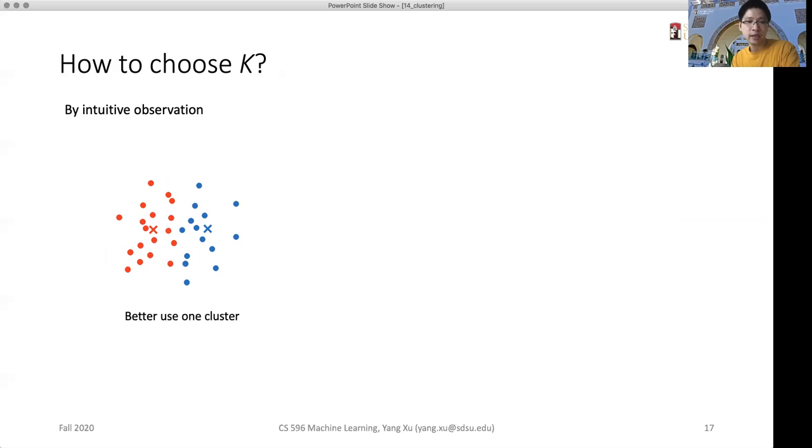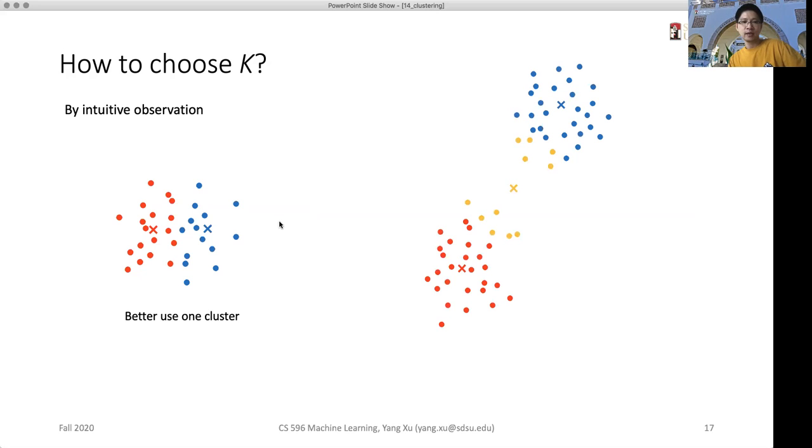For example, here, if we use two initial centroids, let K equal 2, then the algorithm will always converge to two stable clusters, but it may not be a good result. For the example on the right, if we use three centroids, then it will also converge, but the result is very bizarre because it's quite obvious that there are only two clusters. So it doesn't make sense if we select three clusters.